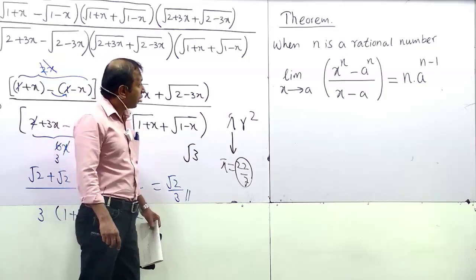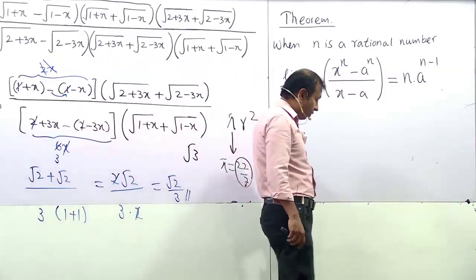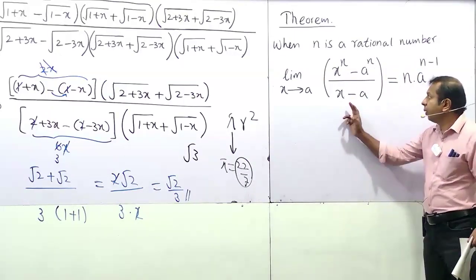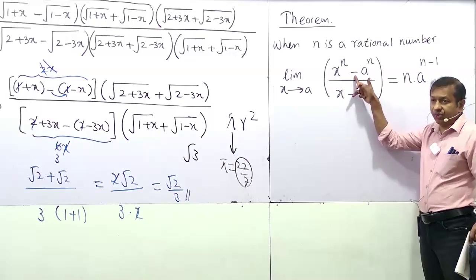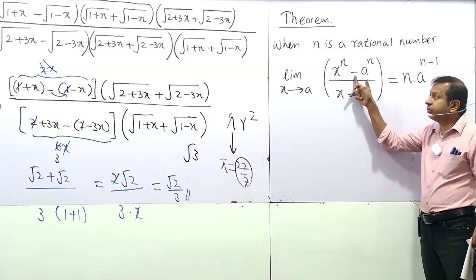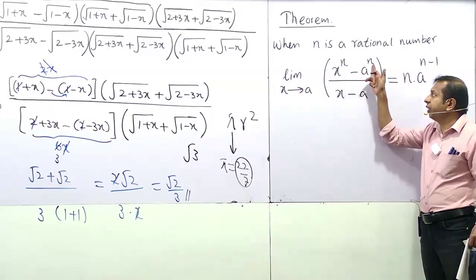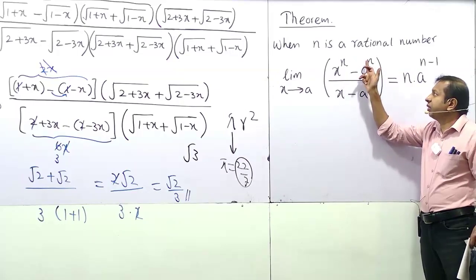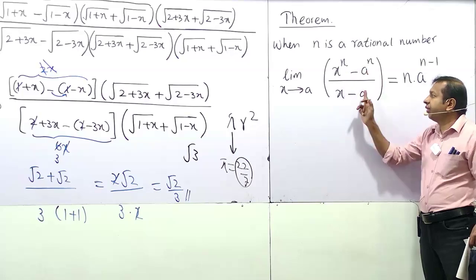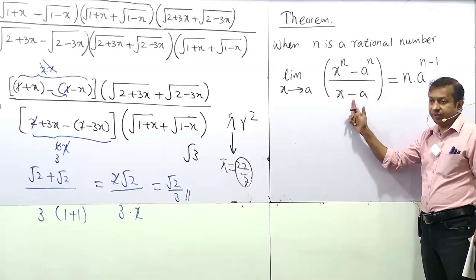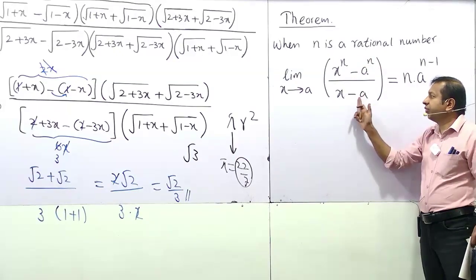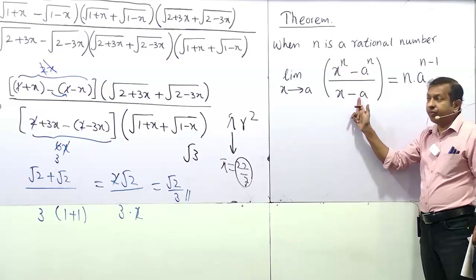Right. Then try to understand the theorem. See here. In the numerator, in between these two terms, we have a minus sign. x^n, a^n are available. When you ignore this n power, we have x minus a at the denominator.